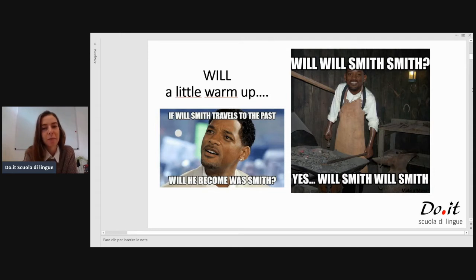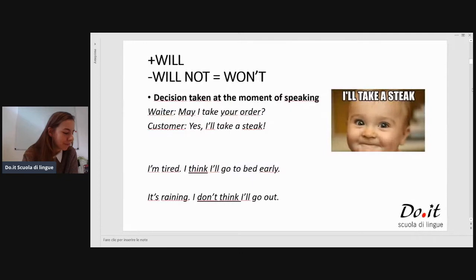Yes, Will Smith. Think about it. It's a future tense, and this sentence is perfectly grammatically correct. Another joke is, if Will Smith travels to the past, will he become Was Smith? It makes me laugh, honestly. Don't worry if it doesn't make you laugh. This is just my sense of humor. But anyway, that was just a warm-up for will.